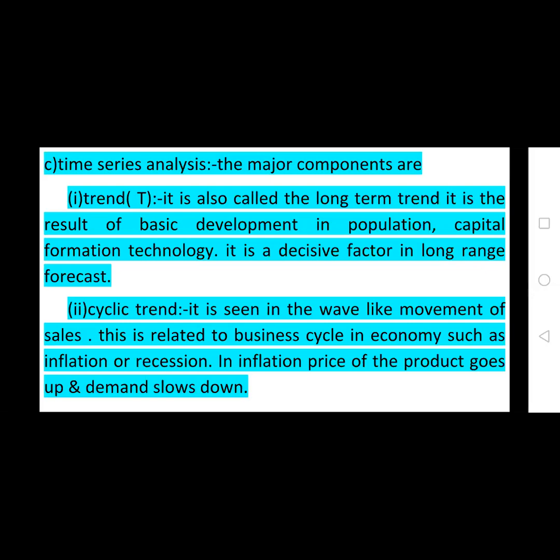The capital formation also changes in the long run, and technology also changes. One of the best examples is the typewriting machine and computers. By changing technology we moved towards computers. This type of changing technology is also one of the changes in a long-term trend.